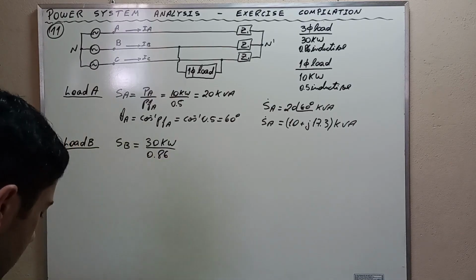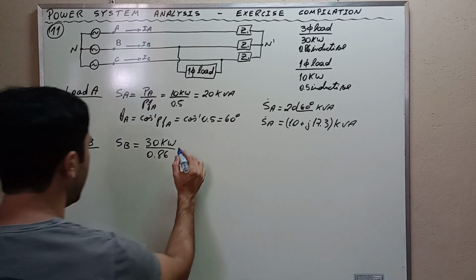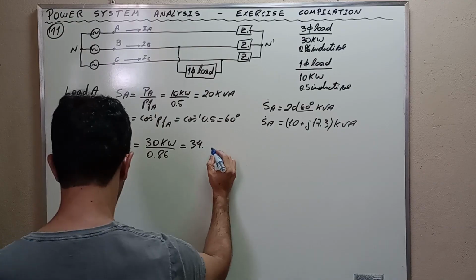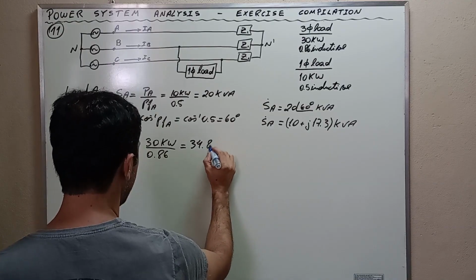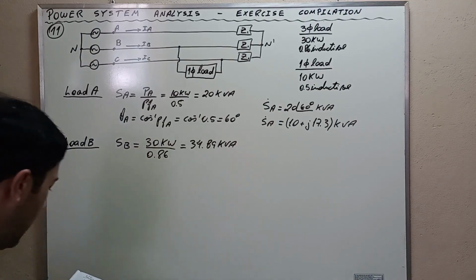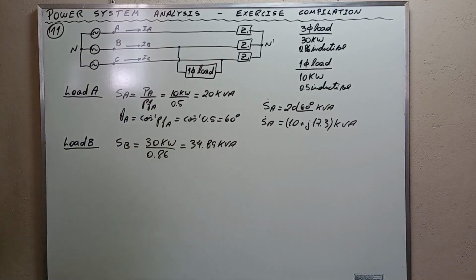Calculating this, we find that the apparent power is 34.89 kVA. Now that we have the apparent power, we have to work on the angle.